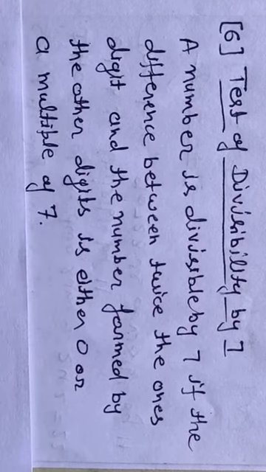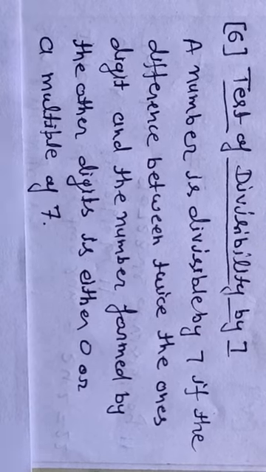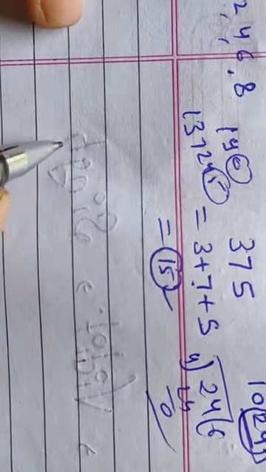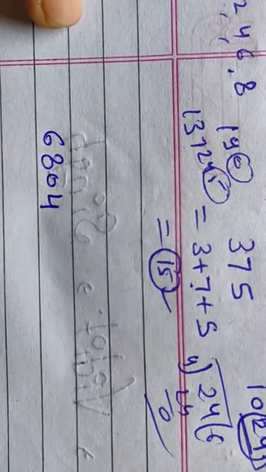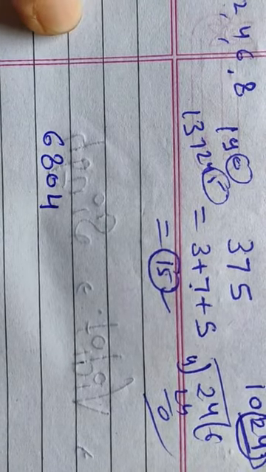Then it is divisible by 7. For example, 6804. See carefully, a number is given, 6804. Now we will check whether this number is divisible by 7 or not.